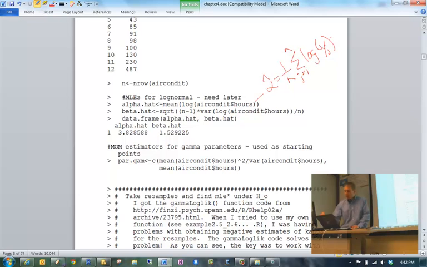One can show it's just the mean of the log data. Beta hat is basically just the sample variance, but now for the log data. I'm sorry, the biased sample estimate for the log data.